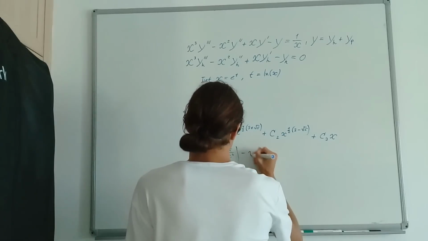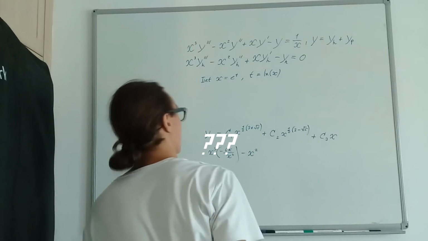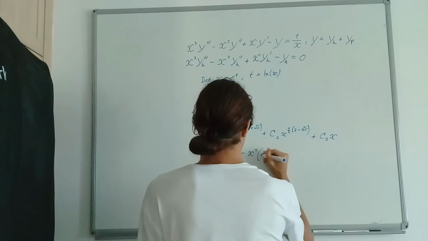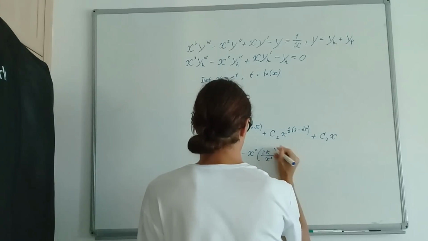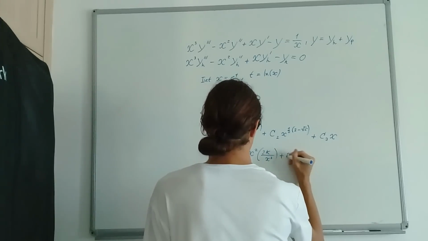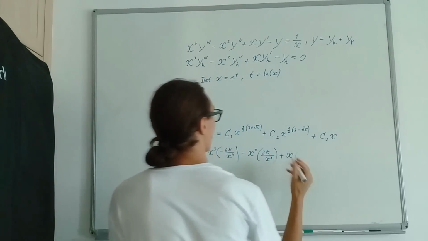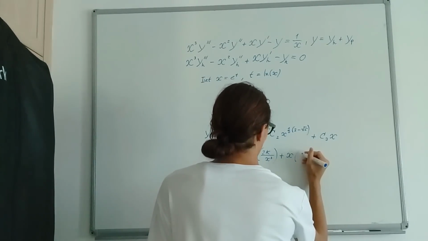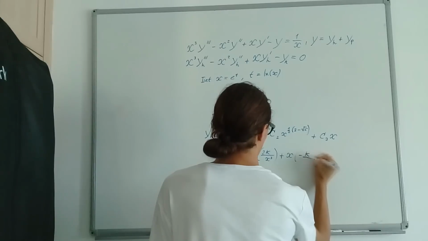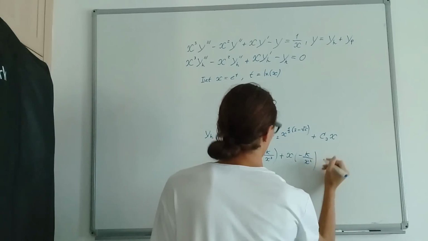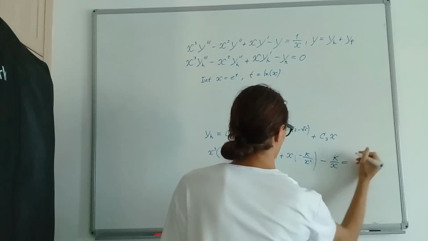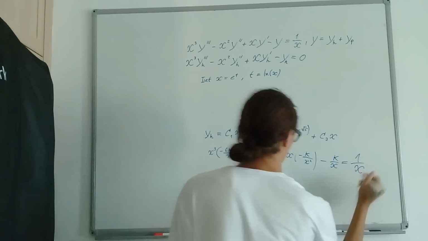It's quite a ride. Plus 2k over x cubed plus x times minus k over x squared minus k over x equal to 1 over x.